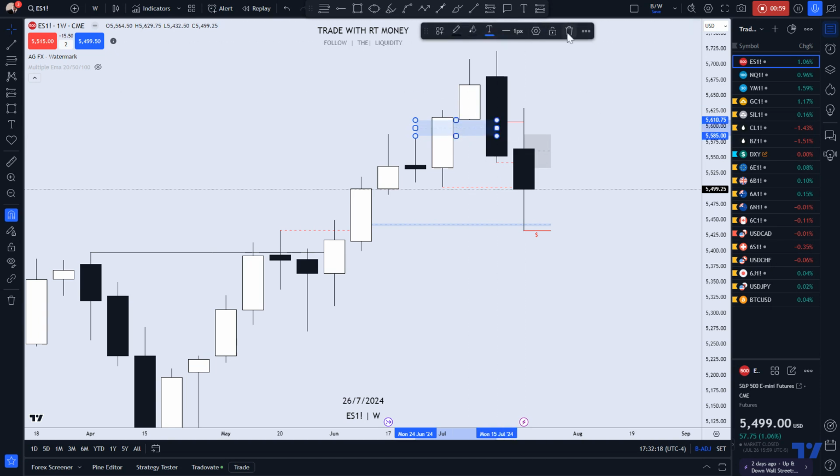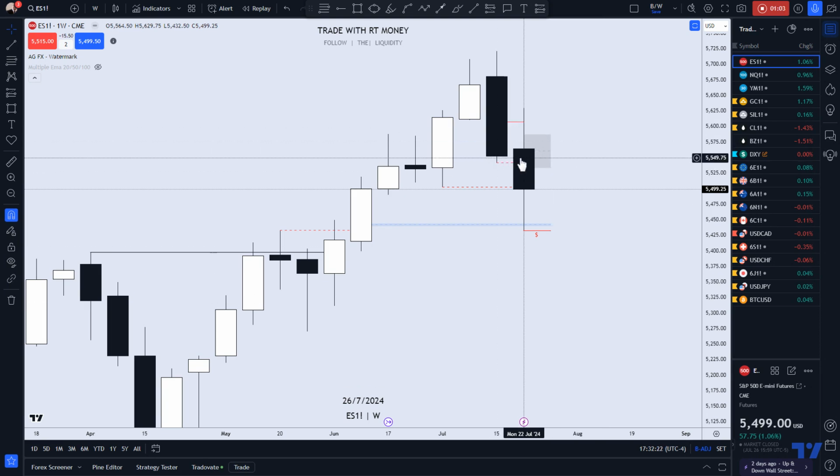All right, so that eliminates that. And then the next weekly candle pushed up into the base candle of this bearish engulfer, and then continued bearishly from there. Okay, it failed to make a bearish fair value gap, but on the lower time frames it did.